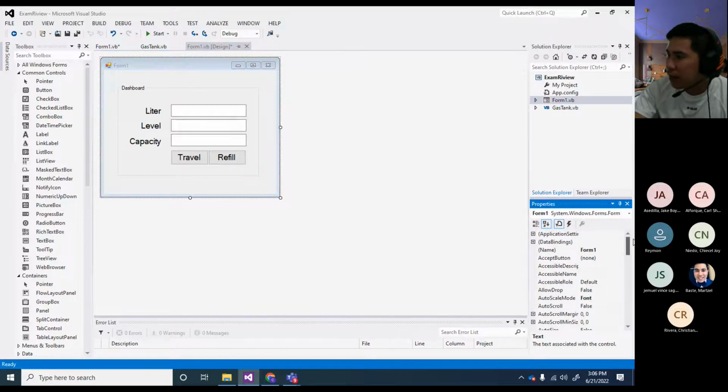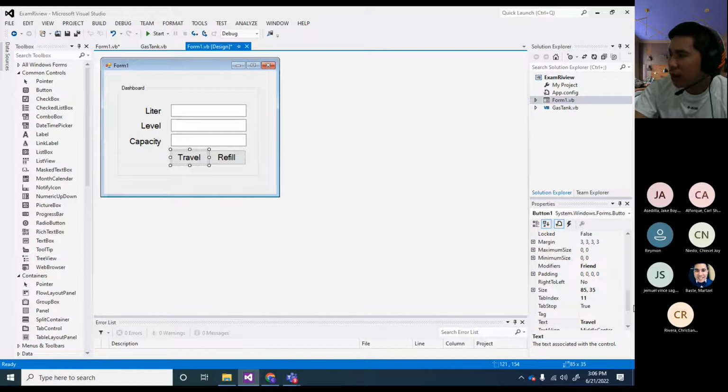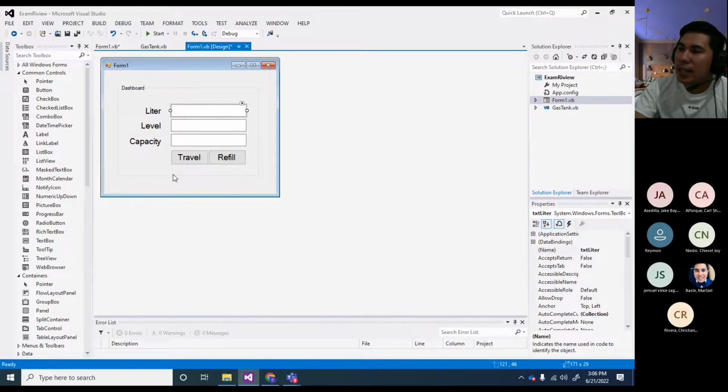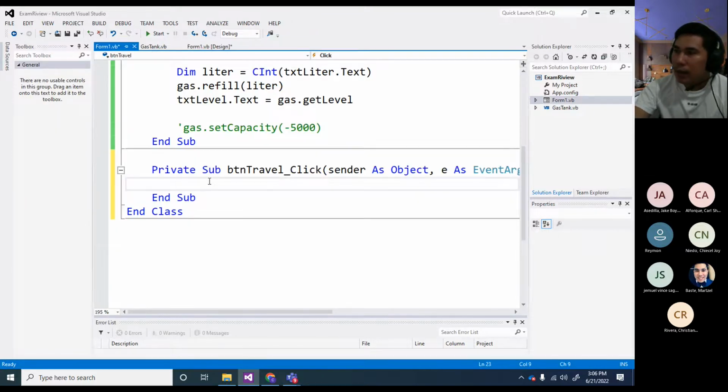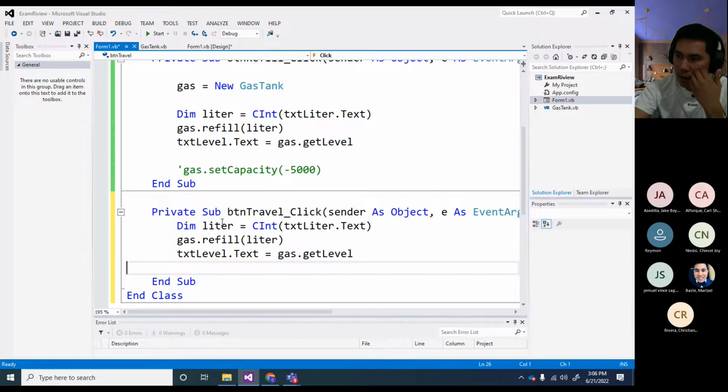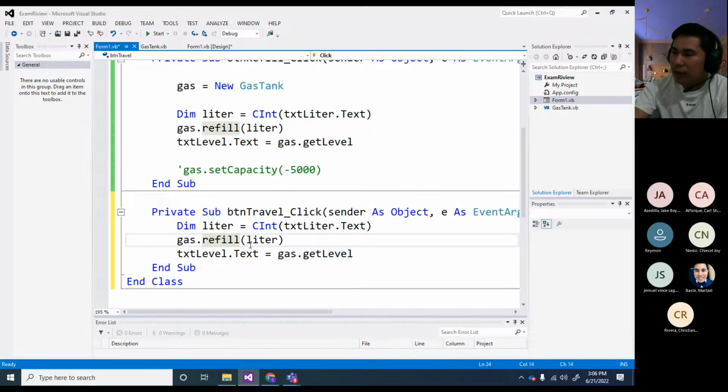Here in Visual .NET, we put the button for travel. So we just input. When I click, with my input let's say for travel, we get the level of the tank. So here I put gas tank refill travel.